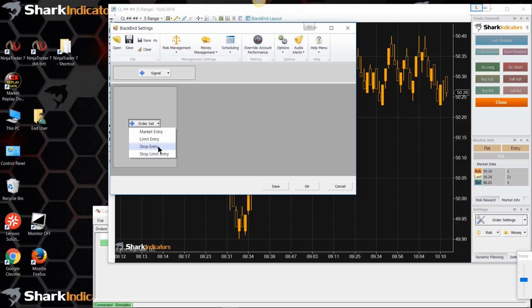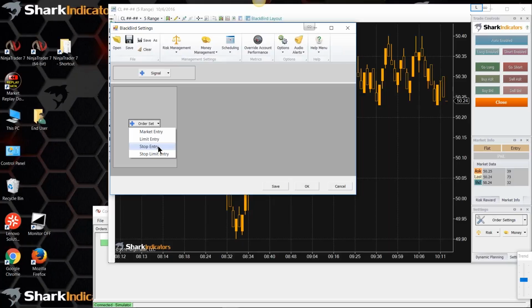We've got another third-party NinjaTrader vendor out there that wants to partner with us. Their indicator doesn't have issues, but it gives you an entry price, and you don't know if it's going to be a limit entry price or a stop entry price.